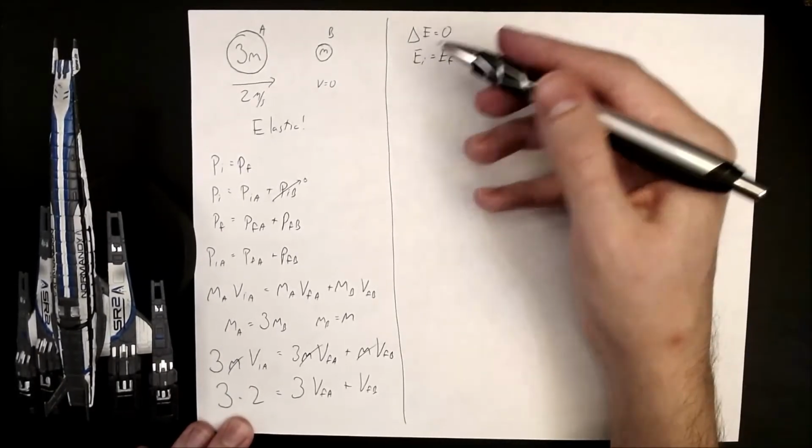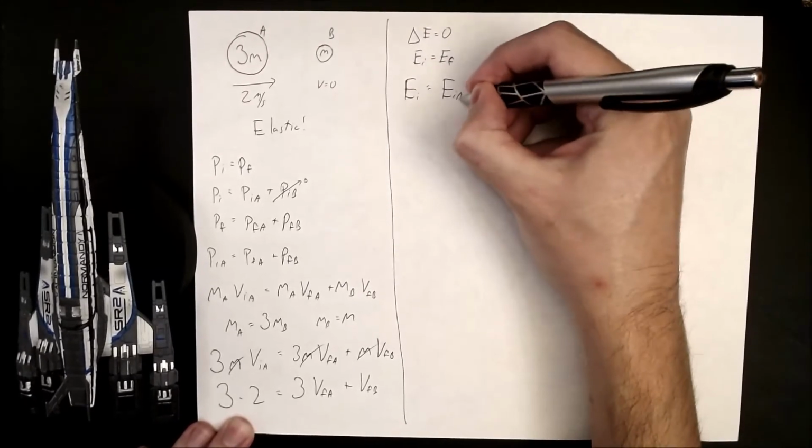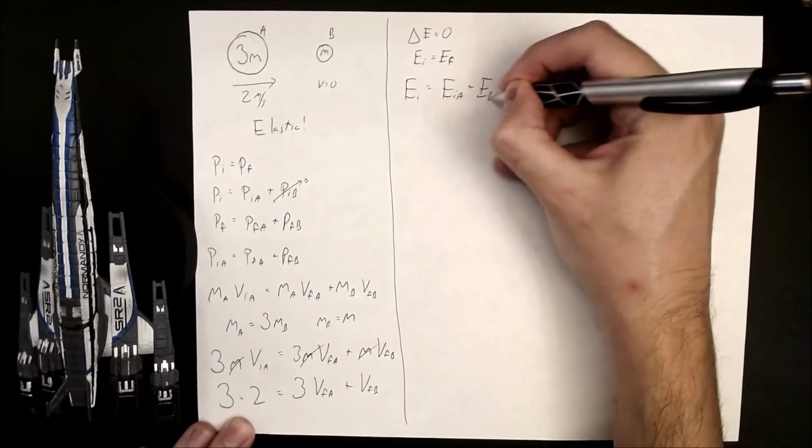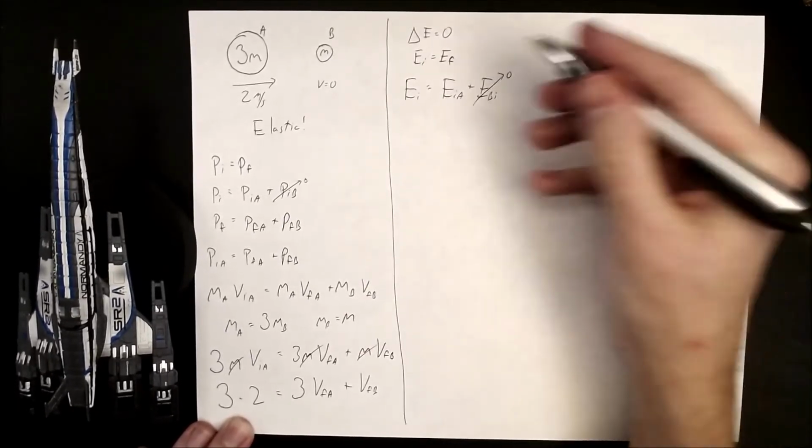Energy initial is going to be the energy of A initially plus energy of B initially, but that's going to be 0 because it's standing still at the beginning.